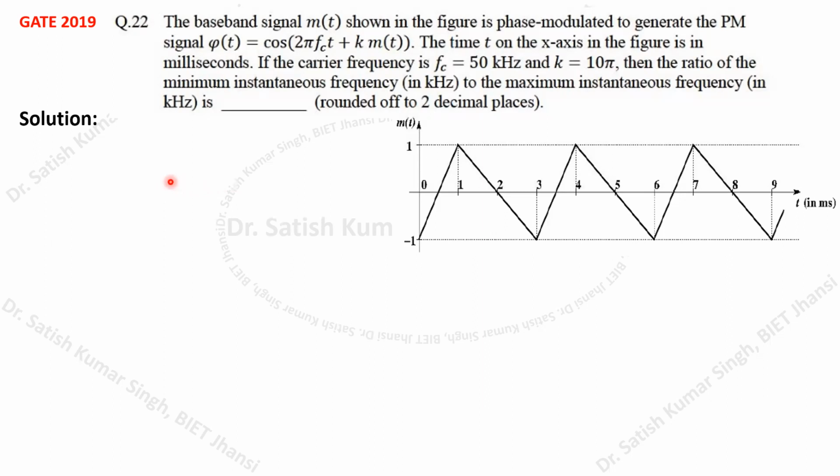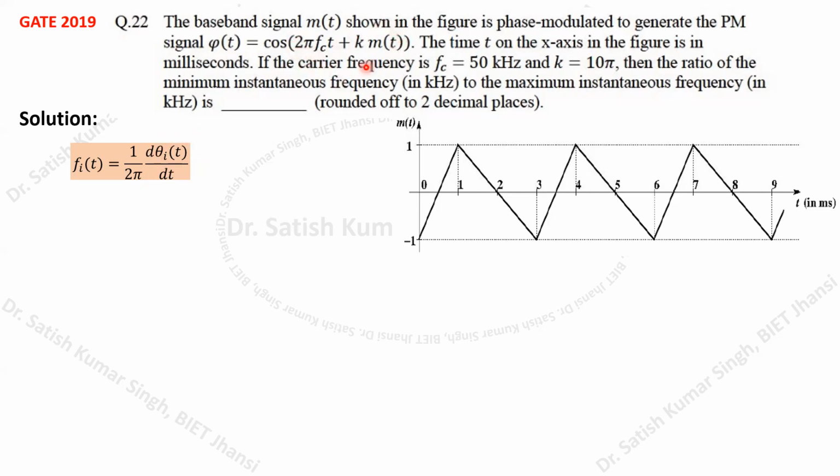In my previous lectures on the introduction of angle modulated signals, we learned that the instantaneous frequency is given by f_i(t) equals 1 upon 2 pi d theta_i(t) by dt, where theta_i(t) is the instantaneous angle.